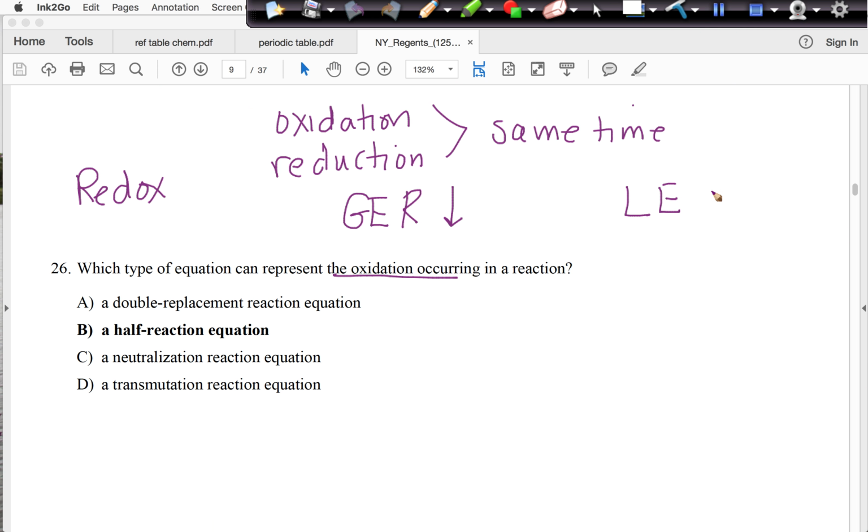Losing electrons is oxidation and the charge goes up. We also said that for a reduction half reaction, the electrons go before the arrow. We said that for losing electrons, oxidation, the electrons go after the arrow. We can use the word redox: reduction electrons first, oxidation electrons last.